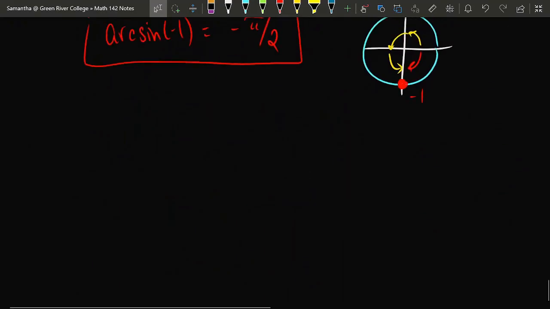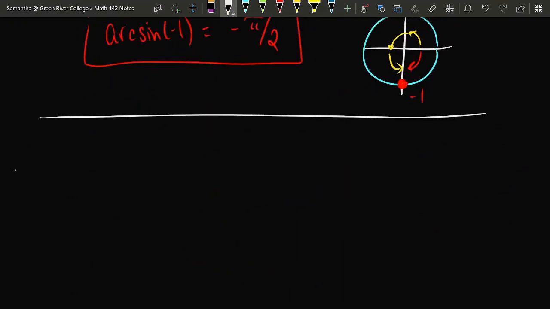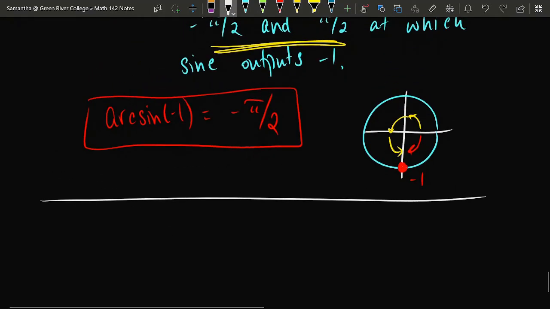Now, just a quick note, I have been pretty careful to do my best to refer to arcsine and arccosine as pseudo-inverses of sine and cosine, because we know that these functions don't really have inverses.